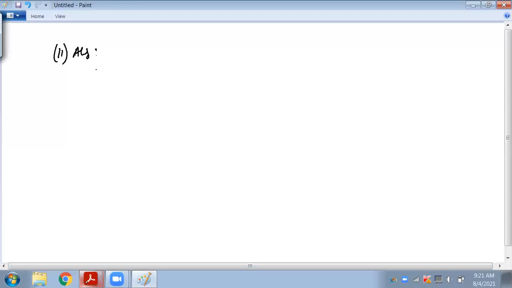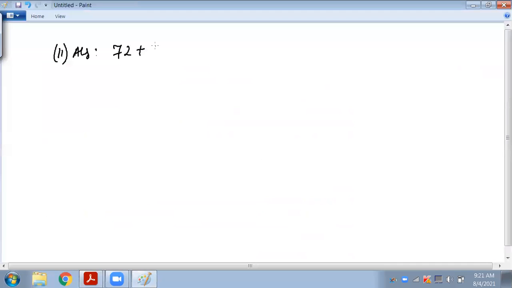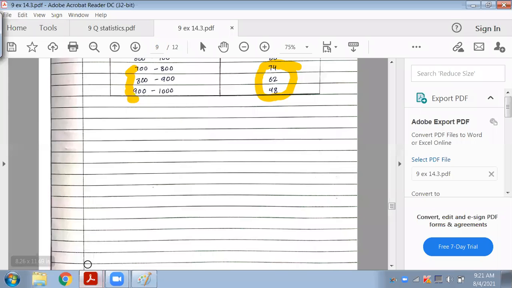On the rule page below the table, we are going to write it. So the number of lamps having lifetime more than 700 hours will be 74 plus 62 plus 48.